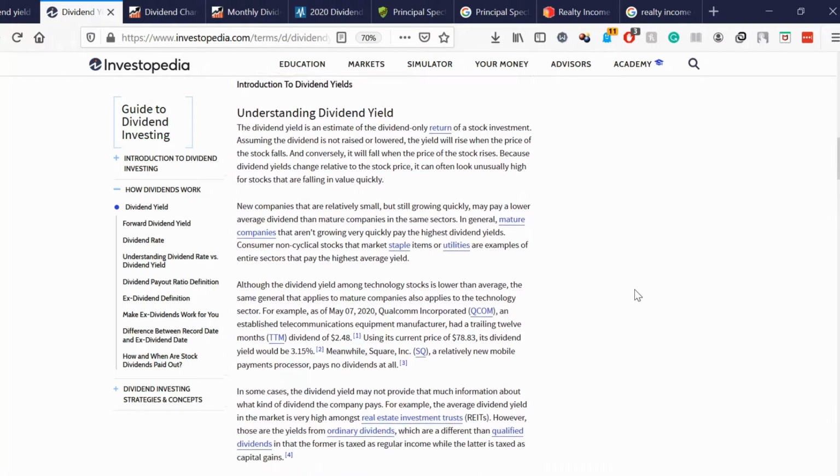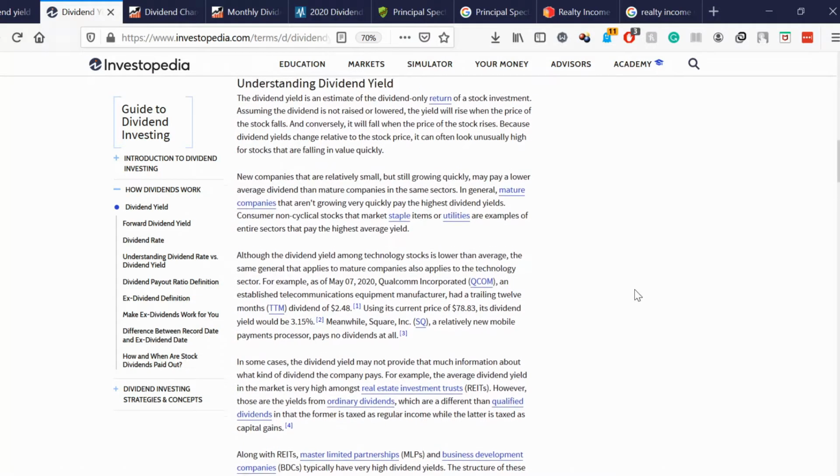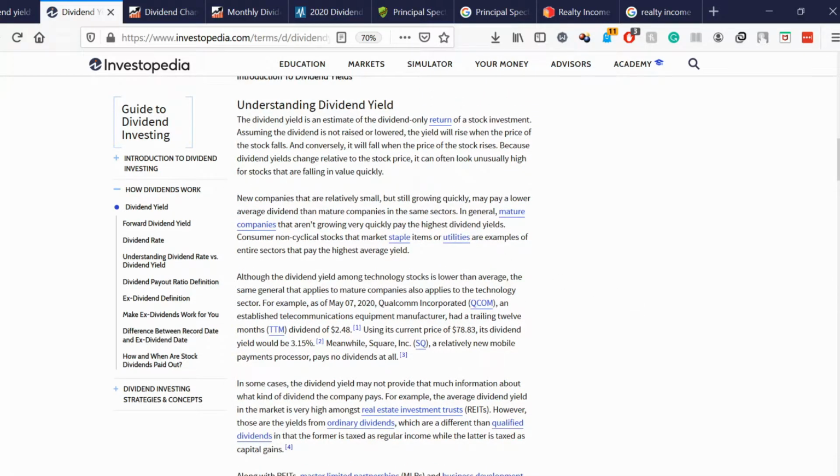Understanding dividend yield. Let's see if they give us an example here. Here we go. New companies that are relatively small but still growing may pay a lower average dividend yield than mature companies in the same sector. In general, mature companies that aren't growing very quickly pay the highest dividend yield.